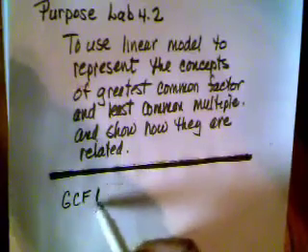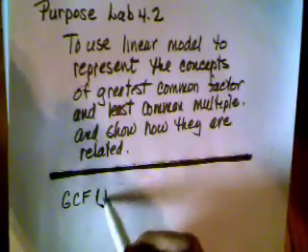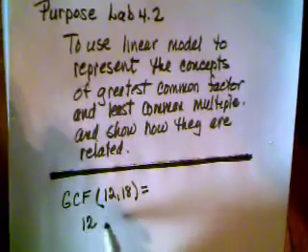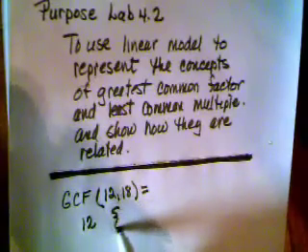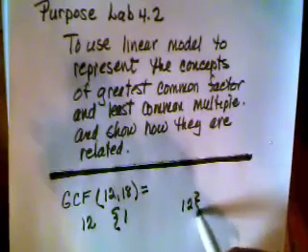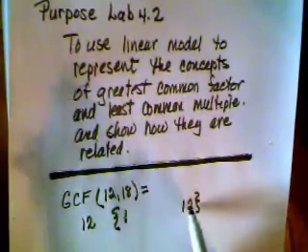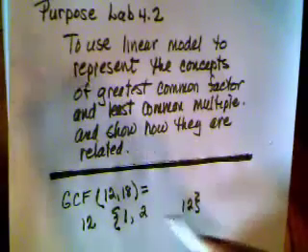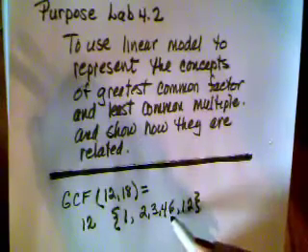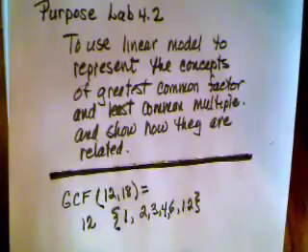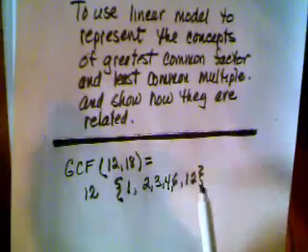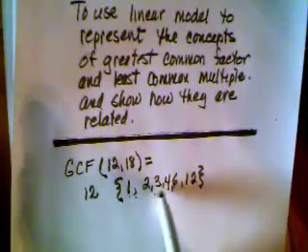So if I wanted to find the greatest common factor for 12 and 18, I could list the set of factors of 12, which, remember, factors come in pairs. So 1 and 12, 2 and 6, and 3 and 4.